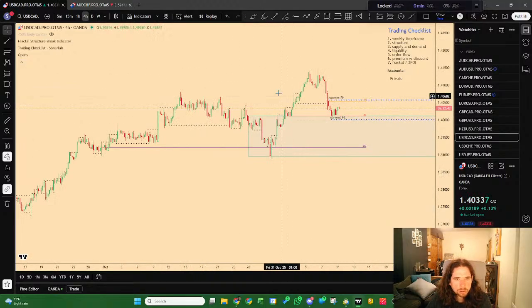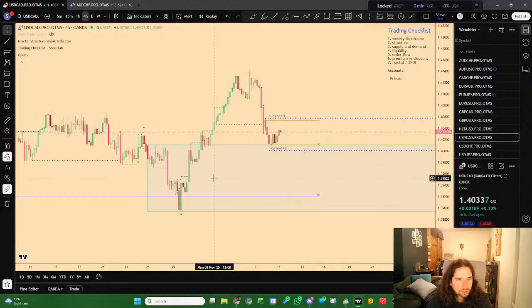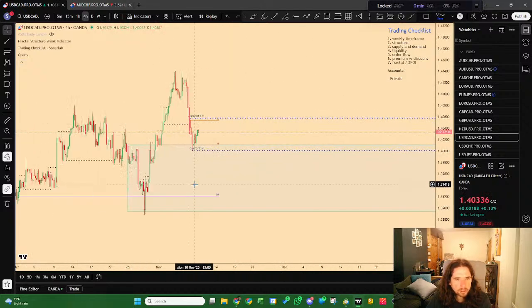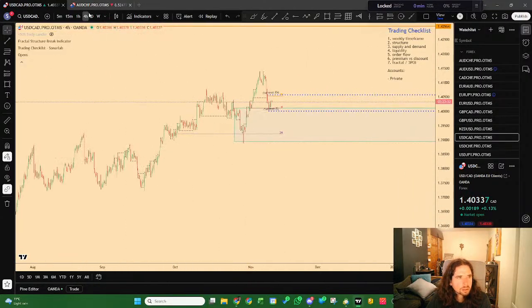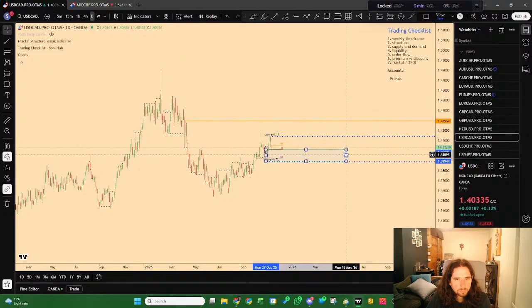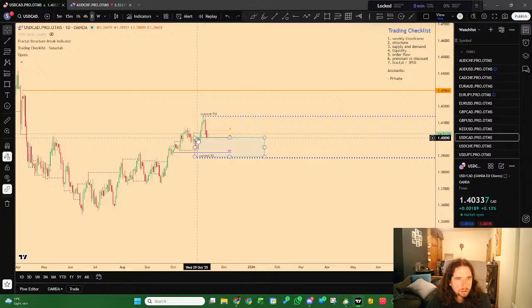So what we could be doing is reacting to this area. That's such a big one. It looks like we're just interacting with that area of demand.